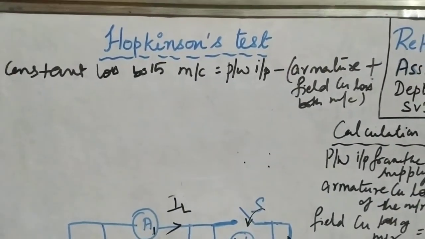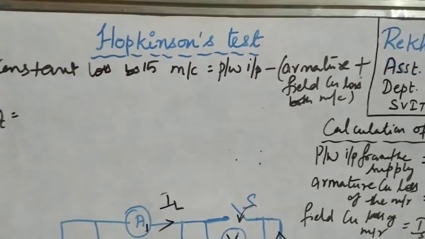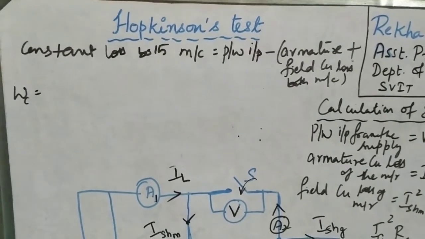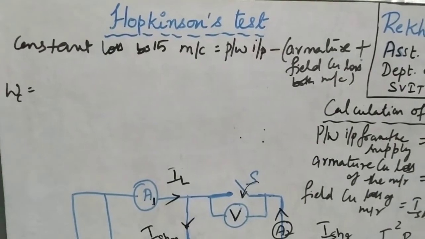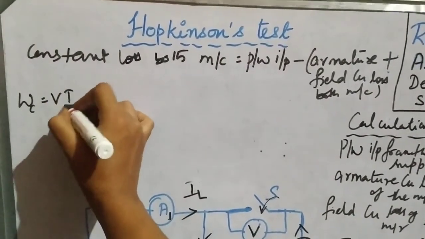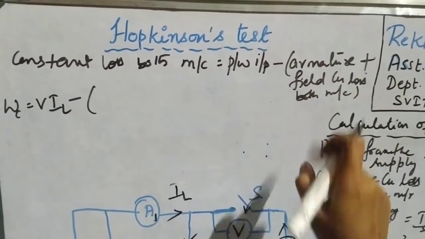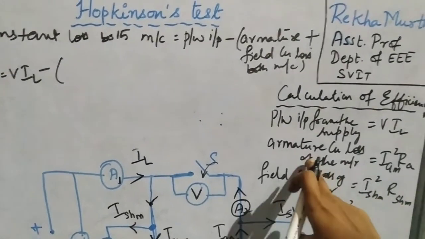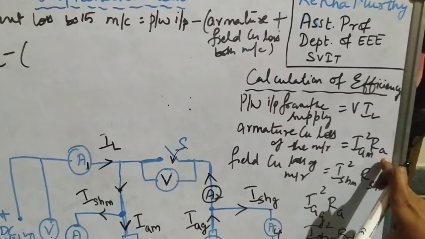Let me take that as WC. In the previous session, in the Swinburne's test, we denoted stray loss as WC, or it can be called PC. So what is the power input? V into IL minus the armature copper loss of the motor, which you have listed. You have to add all this.